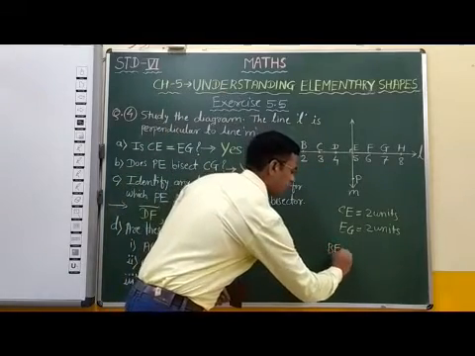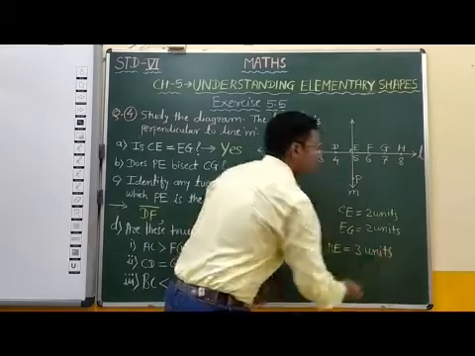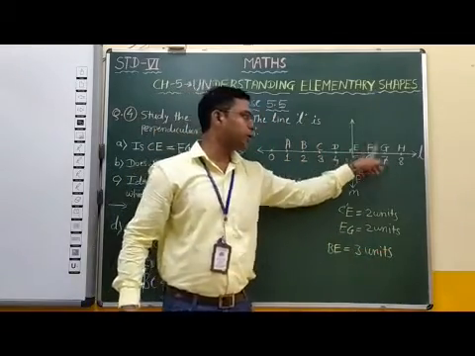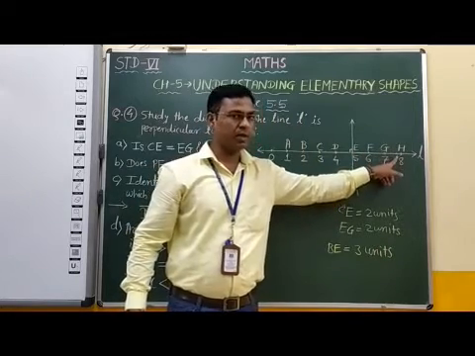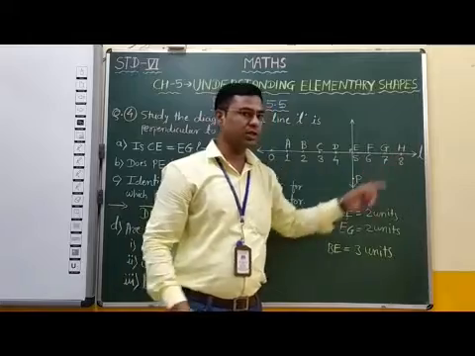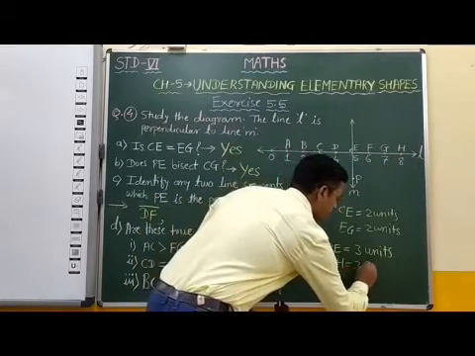BE is equal to 3 units, and from E to H, 1, 2, 3, therefore EH is also equal to 3 units.